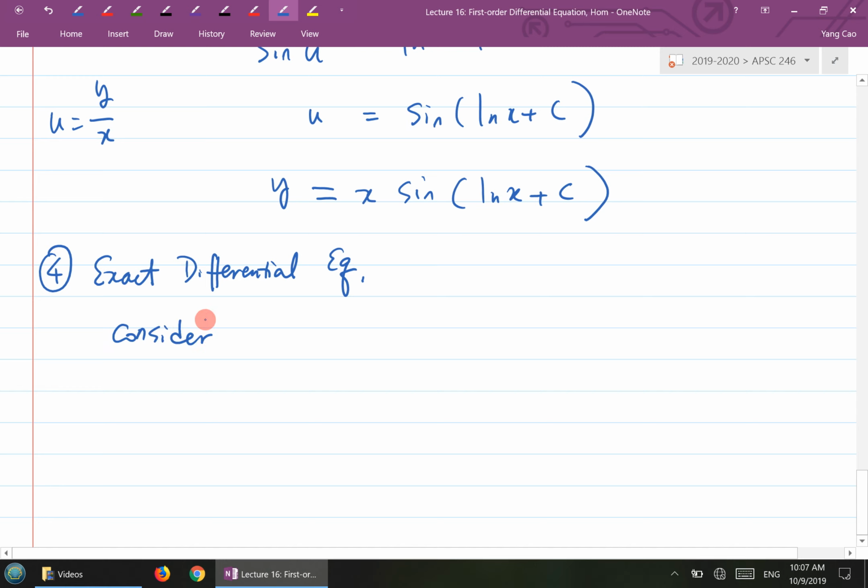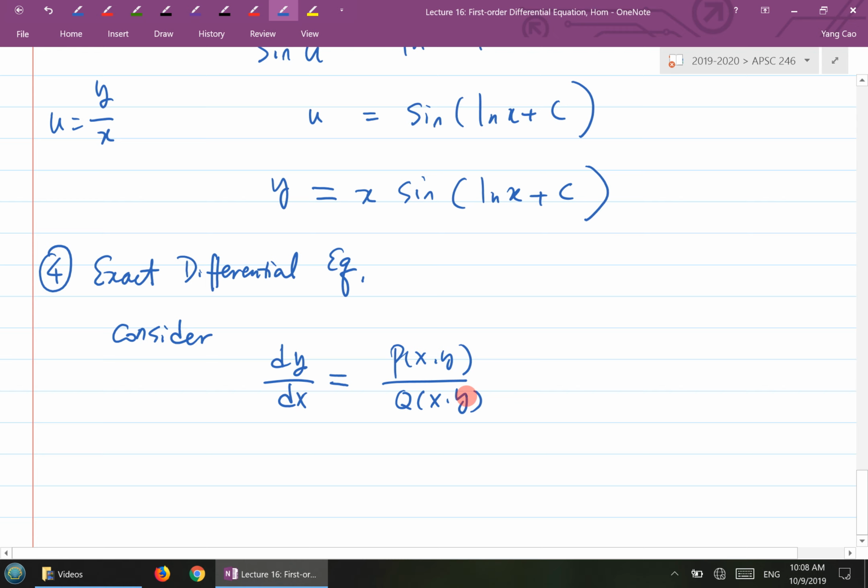So let's consider this differential equation. Let's consider this one: dy over dx equal to a function of x and y, divided by another function of x and y.